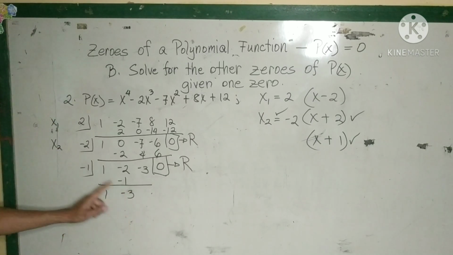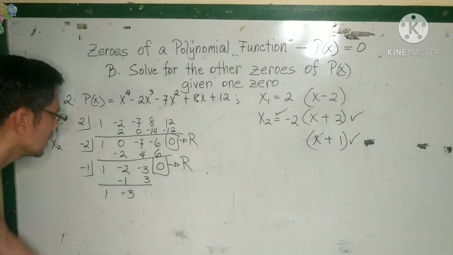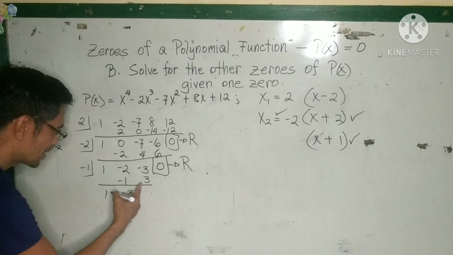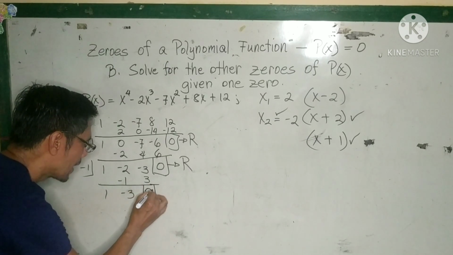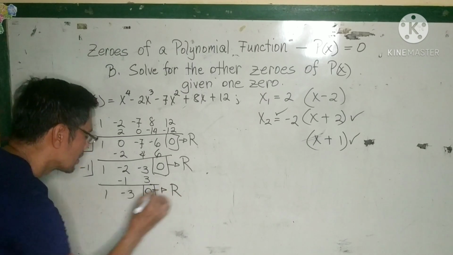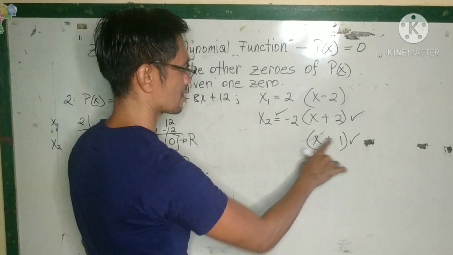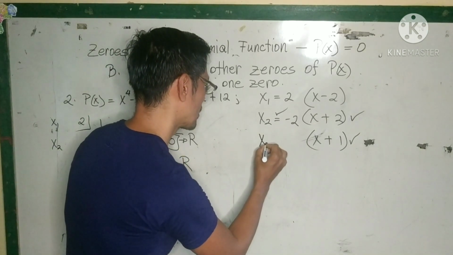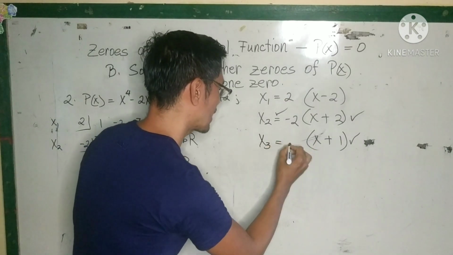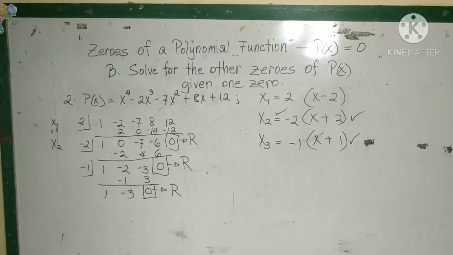Negative 3 times negative 1 is positive 3. Negative 3 plus 3 is 0. Again, since the remainder is 0, therefore x plus 1 is a factor, so negative 1 is a root of this quadratic function.